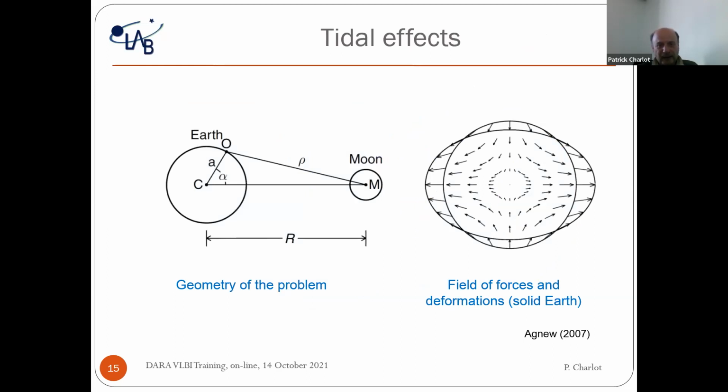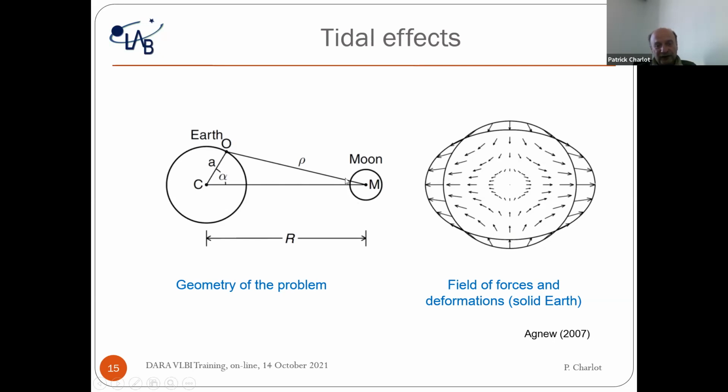Tidal effects. Just briefly, the Earth is an elastic body, so it can deform due to tidal effects. To explain this effect with a simple figure, basically these effects are due to the moon and the sun.